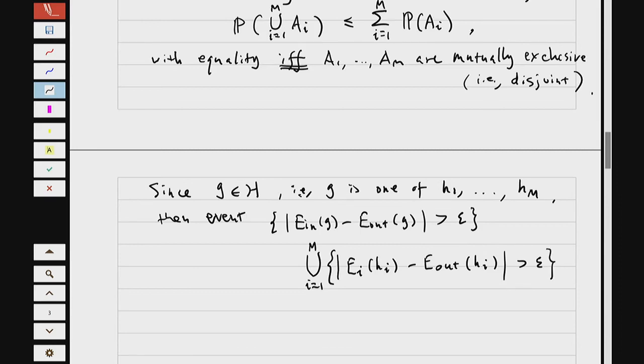If I union all of these events over all hypotheses, what is the relationship between these two? Is there any relationship at all? Can you say something about which one is bigger?